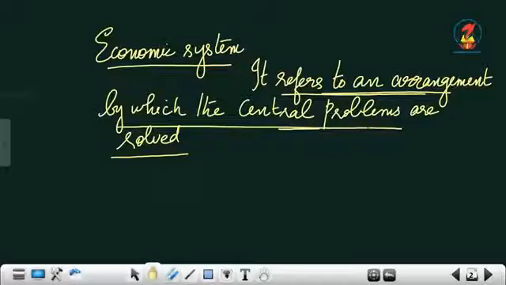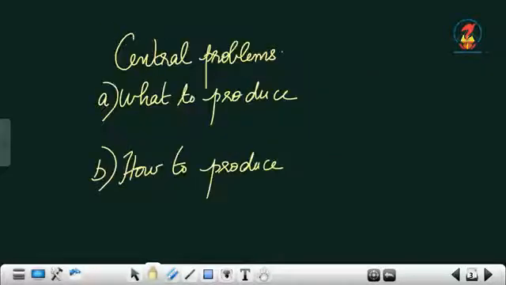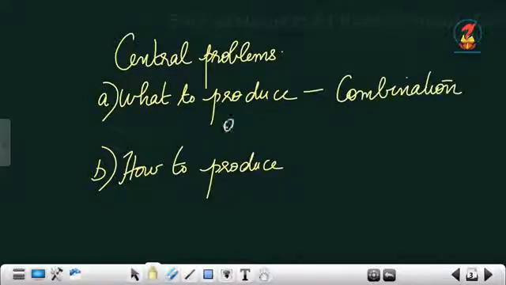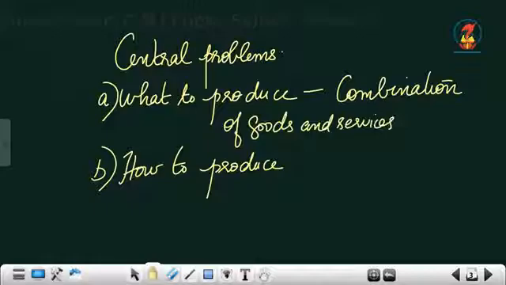Now, let us see the central problems of an economy. The central problems are what to produce and in what quantities. What does this mean, what to produce? The government has to decide the combination of goods that has to be produced. When we write goods, we will add services along with that.